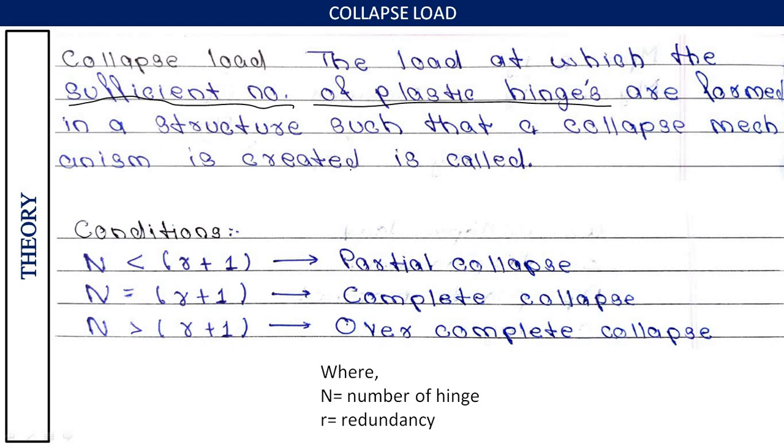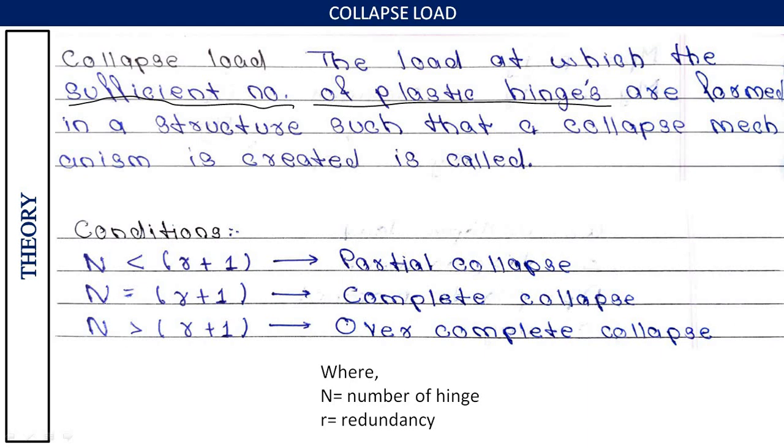In that, three conditions are created. First, N less than R plus 1, where N is the number of hinges and R is the redundancy. So in the first case, the number of hinges is less than redundancy plus 1, which is partial collapse.